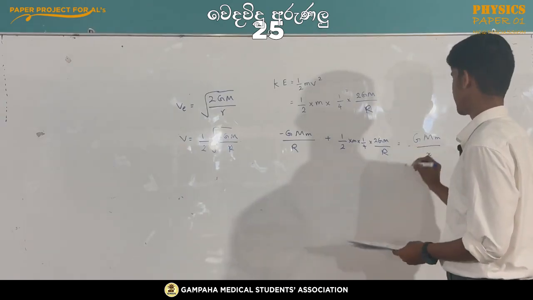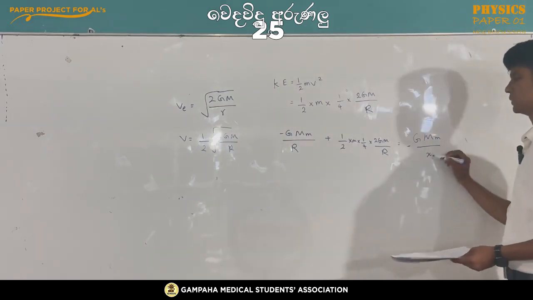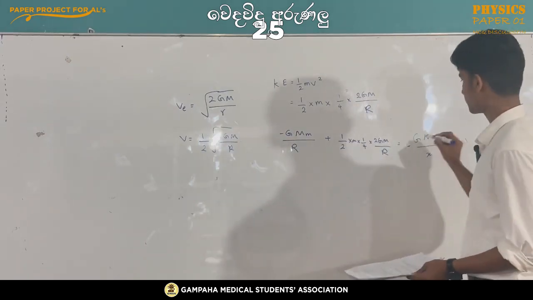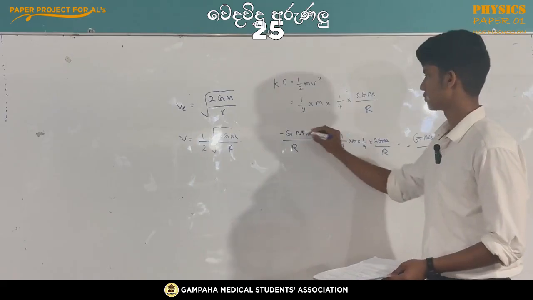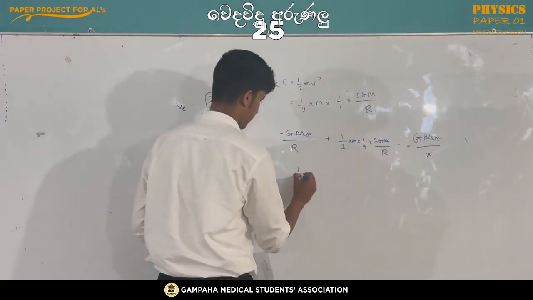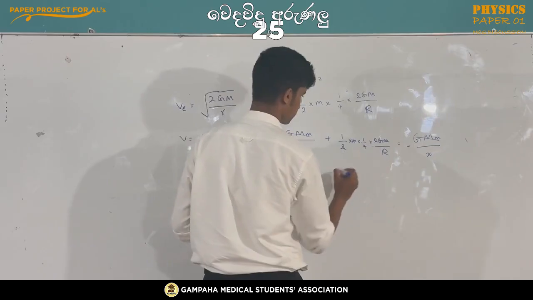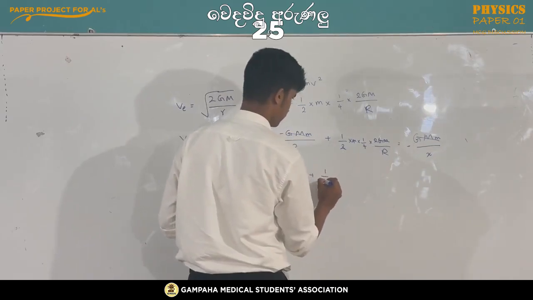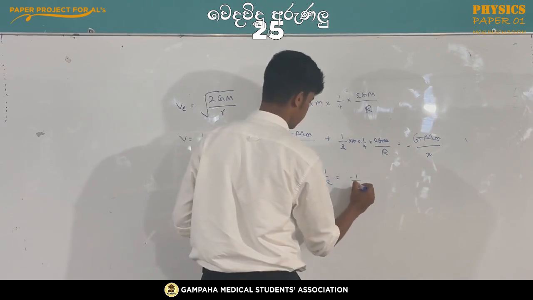We don't know the height to which it goes up, so we are going to take the unknown variable as x. So you can cut off the GMm in all these expressions. Then here you get minus 1 over R plus 1 over 4R equals minus 1 over x.